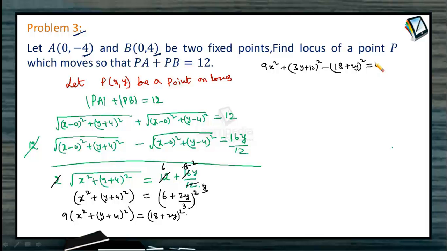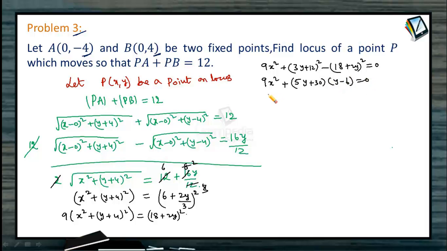I can apply here the formula a square minus b square, which is a plus b into a minus b. Therefore, the simplification would be 9x square plus a plus b gives me 5y plus 30. A minus b gives me y minus 6 is equal to 0.